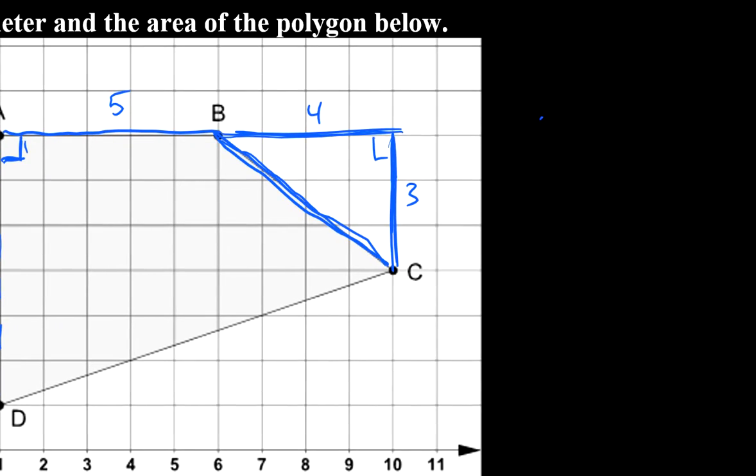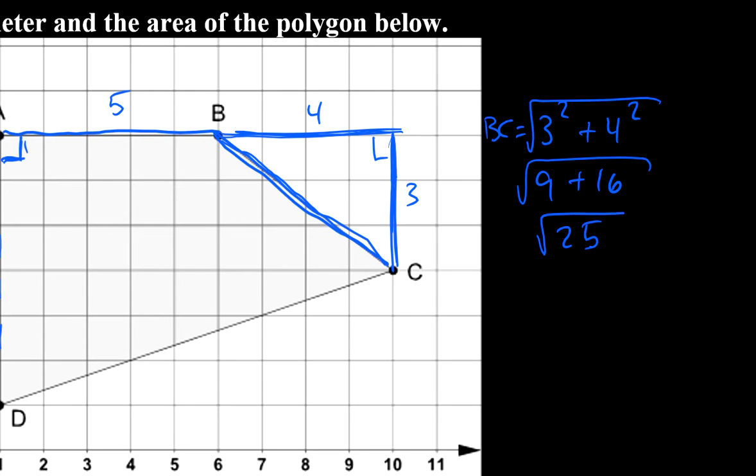If I square 3 and add the square of 4, I have 9 plus 16, which is 25. And the length of that side BC will equal the square root of that sum. So it's going to equal the square root of 25, and the square root of 25 is 5. So this is 5 units long.